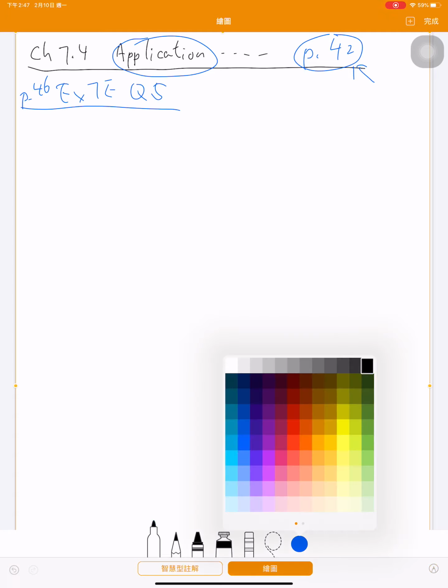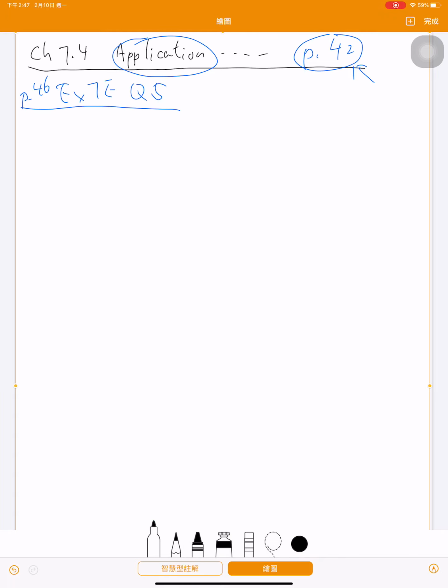Okay, question 5. So question 5, you may see that John is 4 kg lighter than Tony. If their total weight is 102 kg, find the weight of each of them. So first of all, we want to find the weight of John and the weight of Tony, right? So you should let the unknowns.